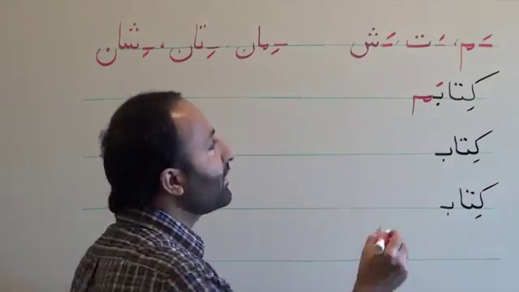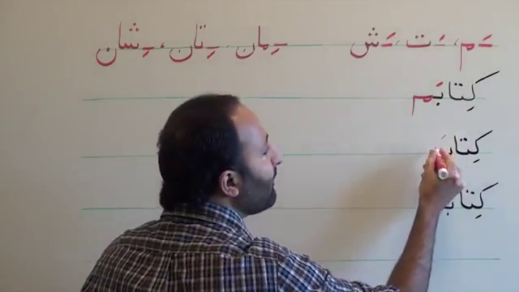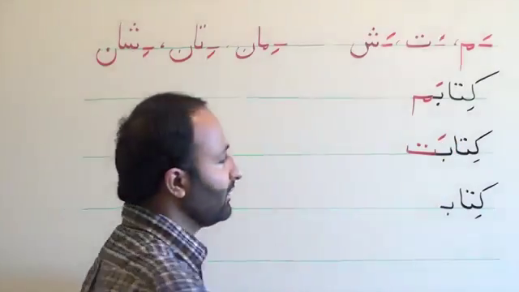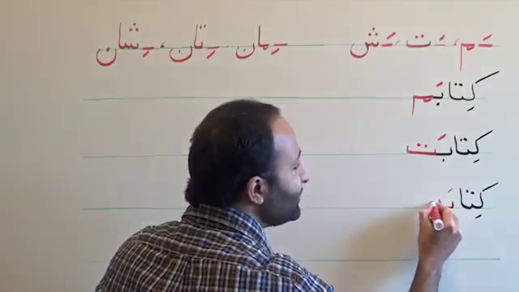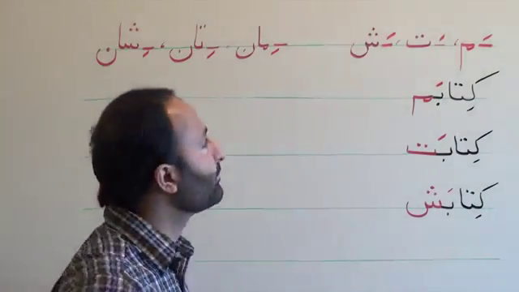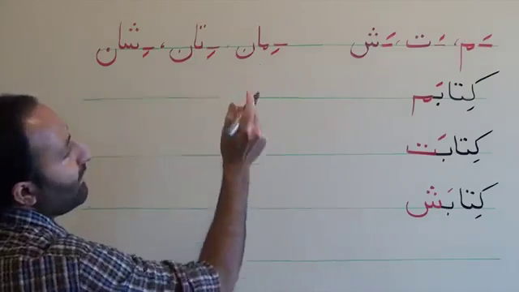Kitabam, my book. Kitabat, your book, singular. Kitabash, his or her book. Now the plural form.